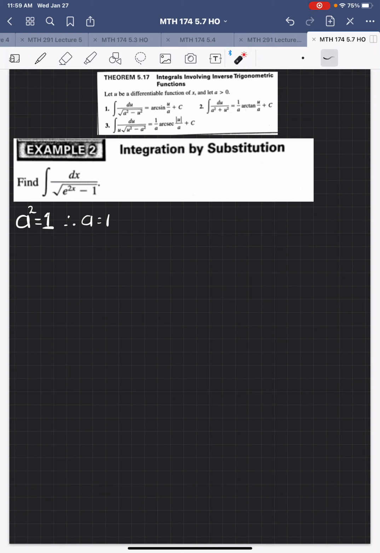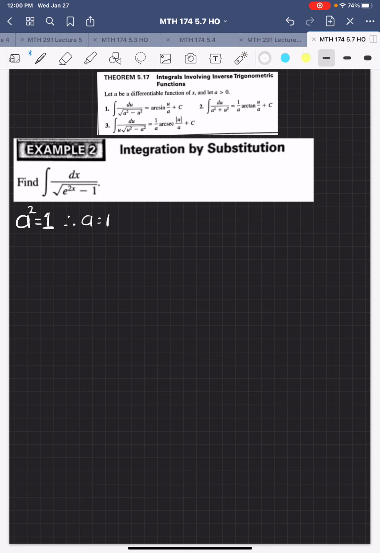Now, do you see that for arcsine, it's constant minus variable? But that's not what we have. It's constant minus function of x in arcsine, but we have function of x minus constant. So we actually look at arcsecant. Arcsecant is function of x minus constant.